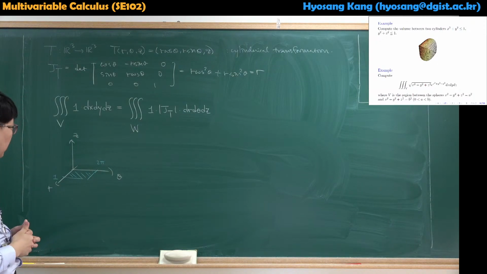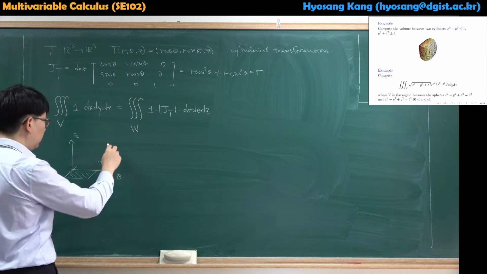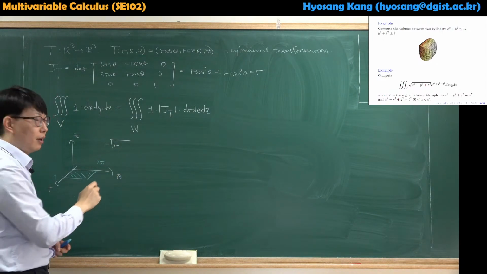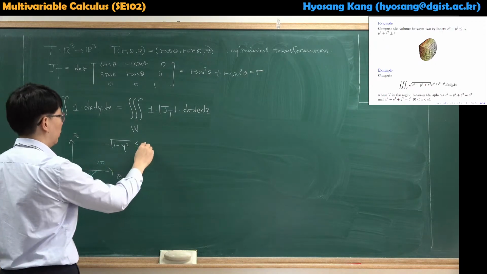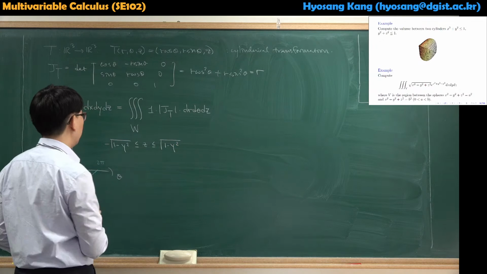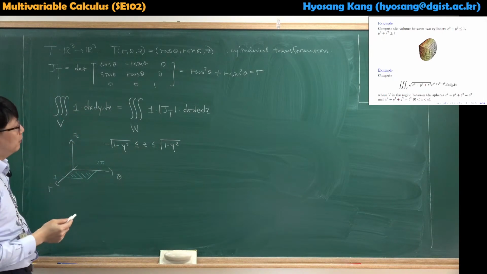How about z? So we know that z is from minus square root of 1 minus y square to 1 plus square root of 1 minus y square.